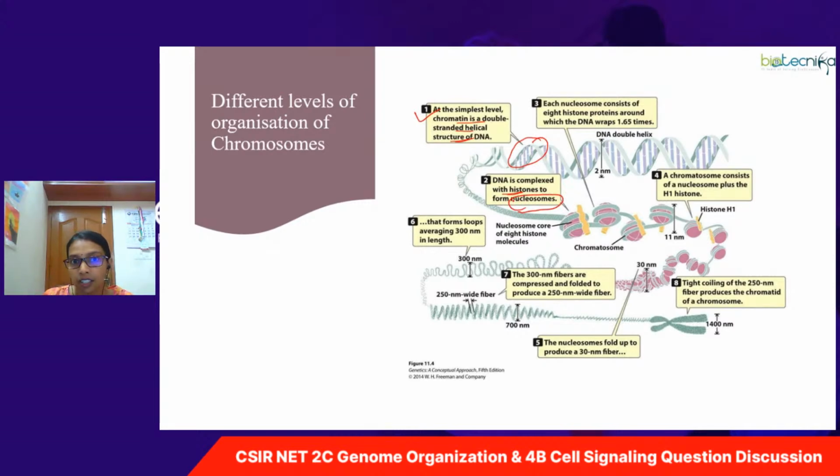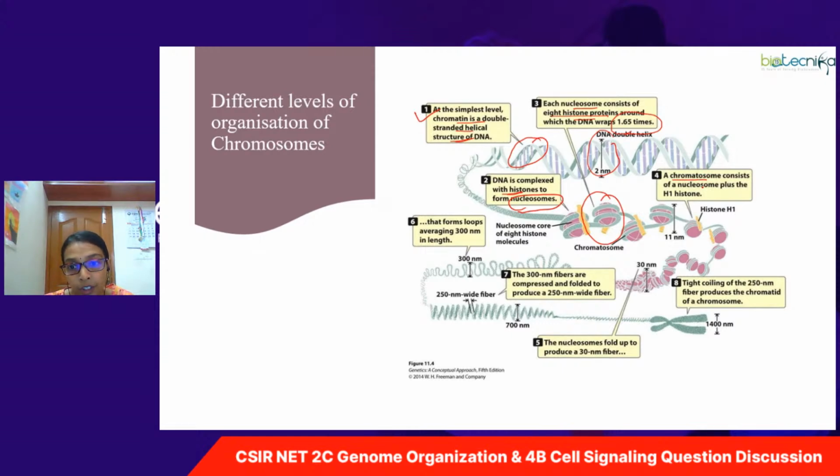So you are getting the terminological differences. After that, each nucleosome is composed of 8 histone proteins that will be wrapping the DNA around 1.65 times. Okay, so like this. Correct? And after that, you get a structure known as chromatosome.